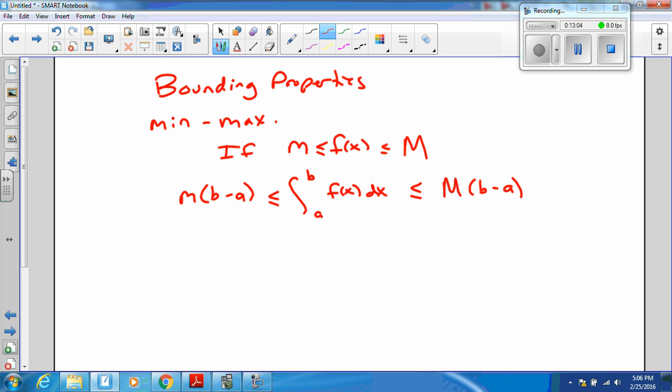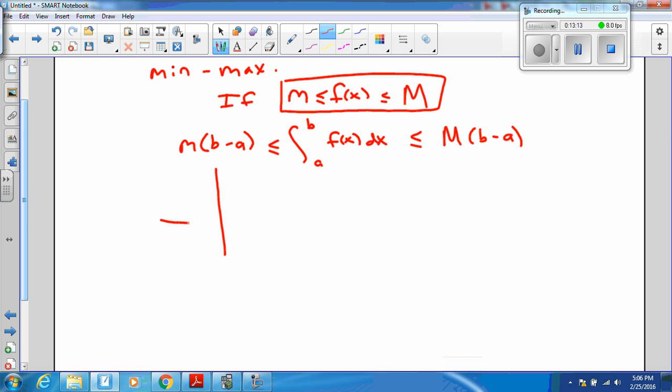This property is actually really simple to prove. We can simply take this guy right here and integrate through. And here's the picture. I've got some f of x, and from a to b, it lies above m, little m, and it lies below big M. And so when I integrate from a to b, I get the net signed area here for f of x.